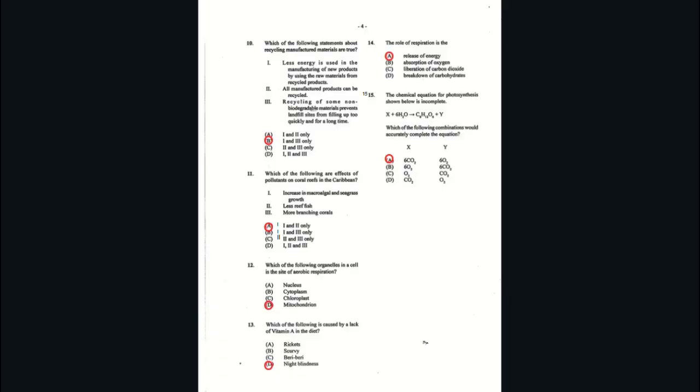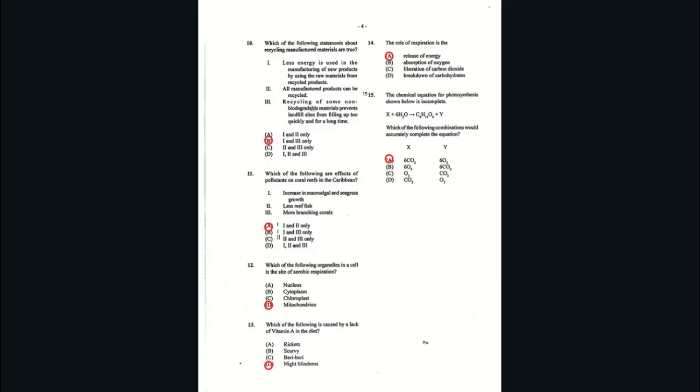So the more pollution we have in our coral reefs in the Caribbean, more macroalgae, and then more seagrass growth, and obviously less reef fish. And this is something that I personally can attest to, because I did an ecology course recently where we had to snorkel over the Discovery Bay coral reef in Jamaica, and let me tell you, there was a lot of seagrass and barely any fish.